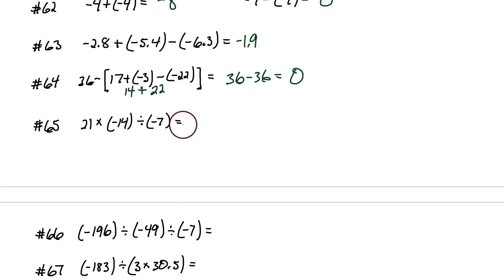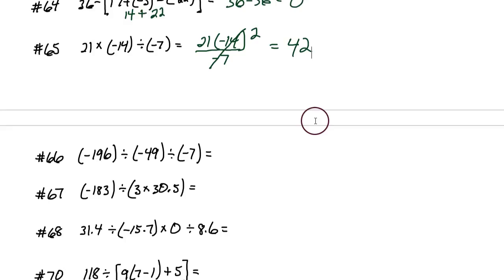It might be better to work in a different order. Let me write the problem like this, and you'll see why it's okay to divide first. By writing the division as a quotient, it's a little easier to see how negative 14 over negative 7 reduces to positive 2. And then 21 times 2 is 42.